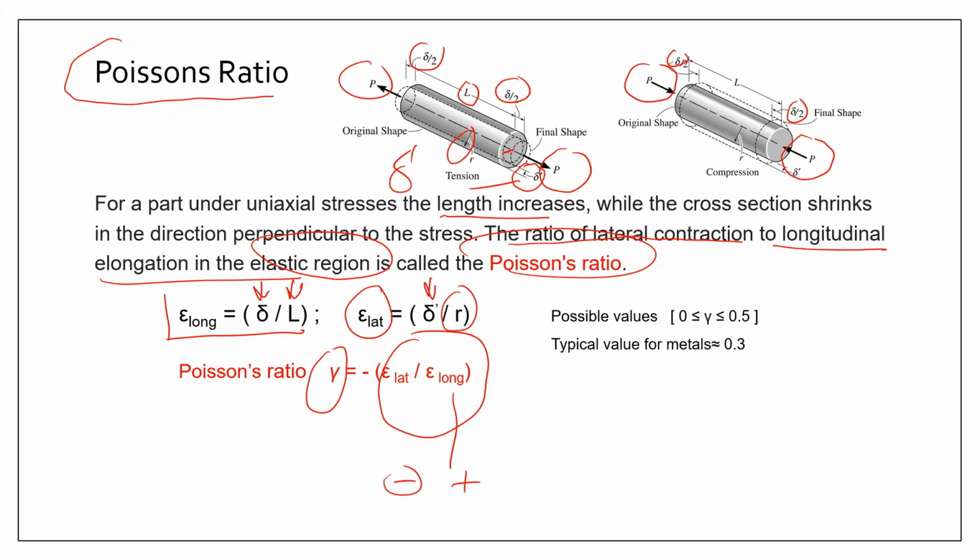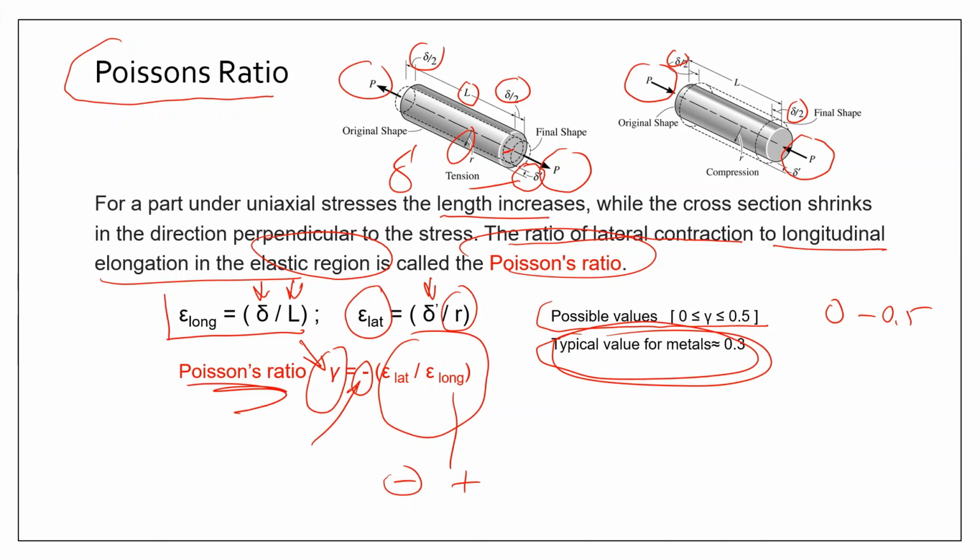That's why I put a minus sign in front in order to get a positive Poisson's ratio value. The possible values are between 0 and 0.5, but for metals, the typical value of the Poisson's ratio is 0.3.